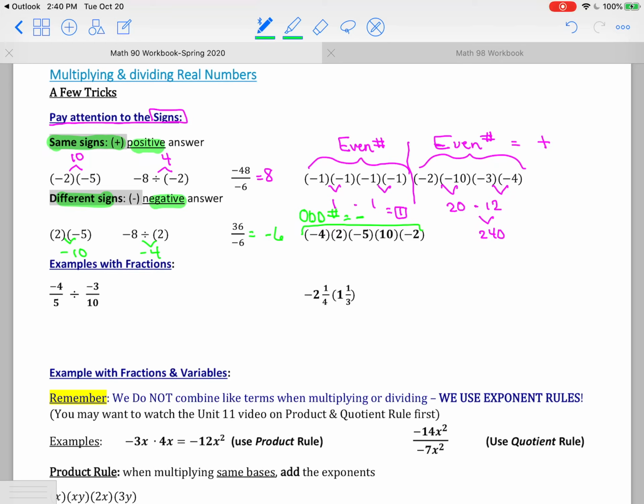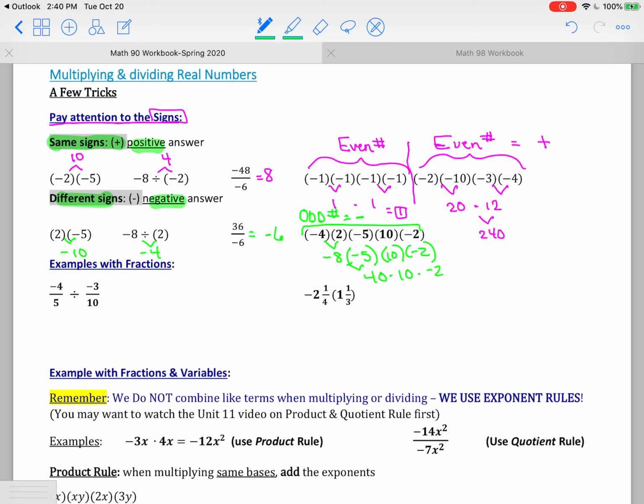But if we were to just go straight through, we're going to have a negative 8 here, right? And a negative 5, times 10 times a negative 2. We can call this a positive. A negative times a negative is a positive 40 times 10 times a negative 2.